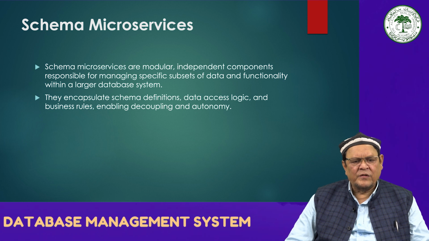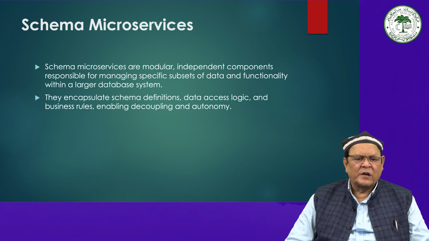Data isolation: each microservice manages its own database schema, ensuring data isolation and preventing interference between services. Loose coupling: schema microservices communicate through well-defined APIs, allowing independent development, deployment, and scaling.